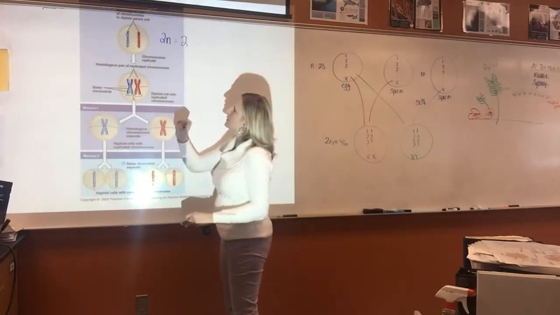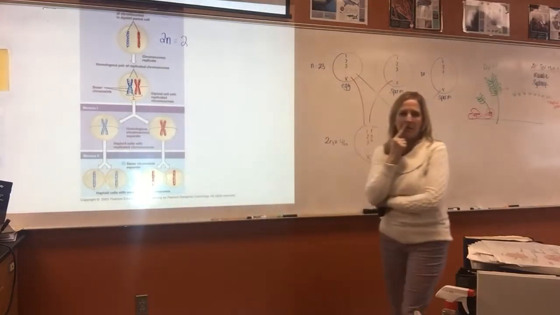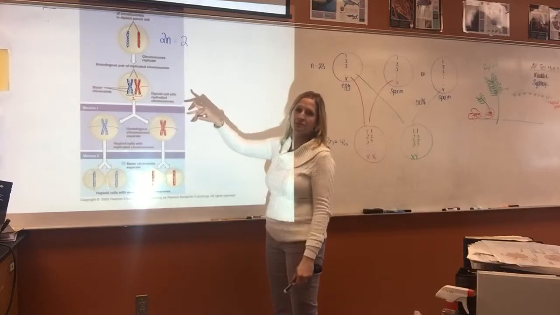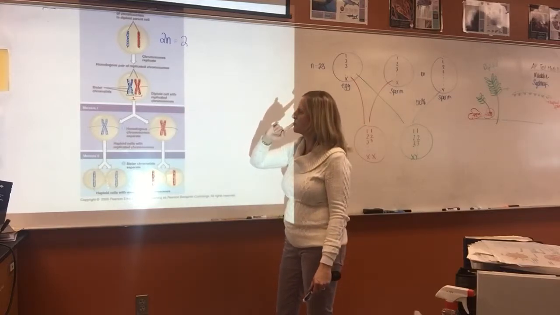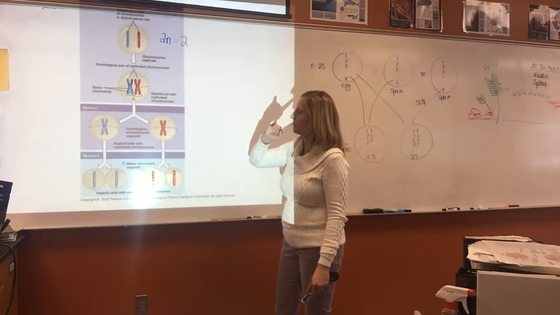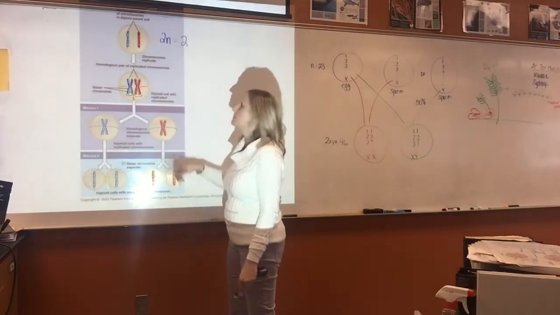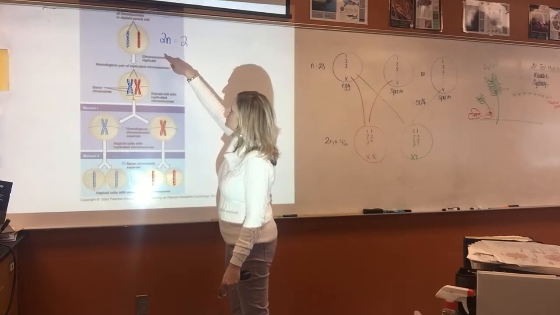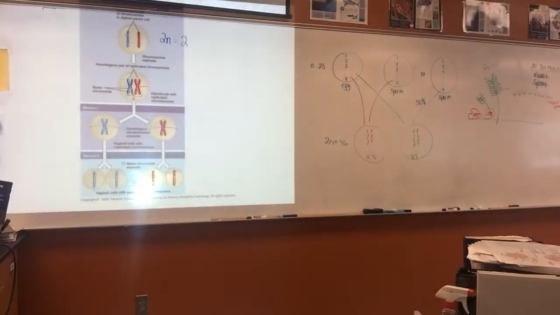Why can't it just skip interphase and meiosis 1 and go straight from the 2N down to N? Why can't it go from here to here? No, the very top, and only have 2. Oh, why does it double at all?